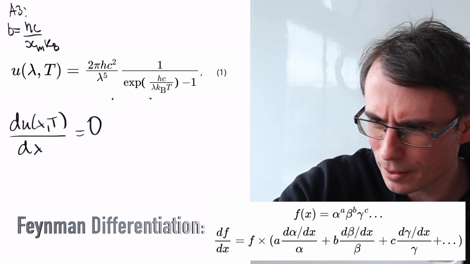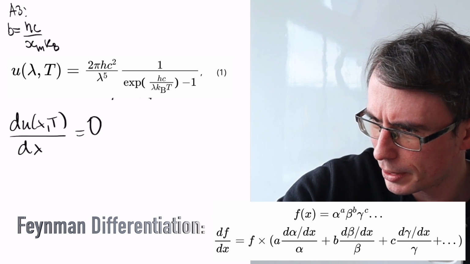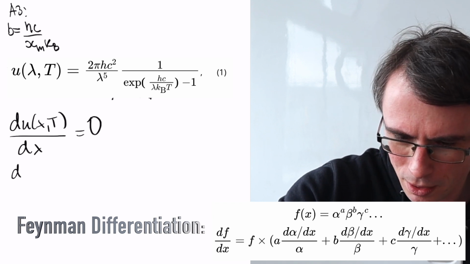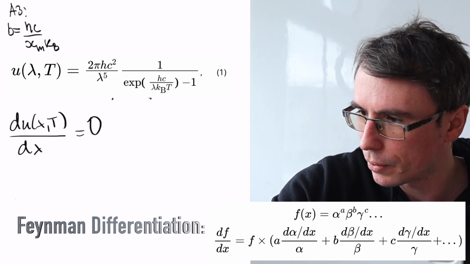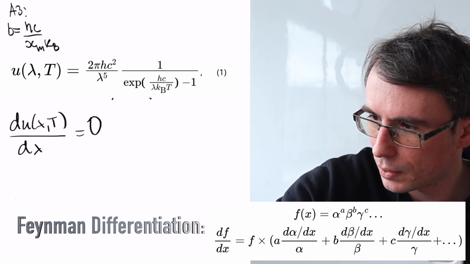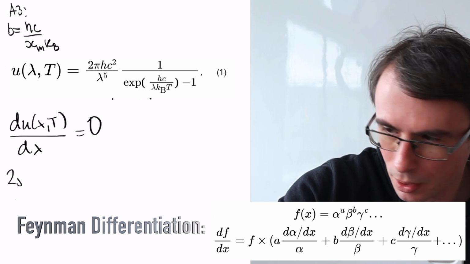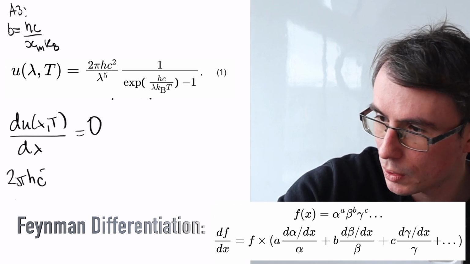So we want to figure out the derivative of this big complicated thing. So d by d lambda of, tell you what, let's just take the constant outside of the derivative sign. So what is that? 2 pi hc squared.